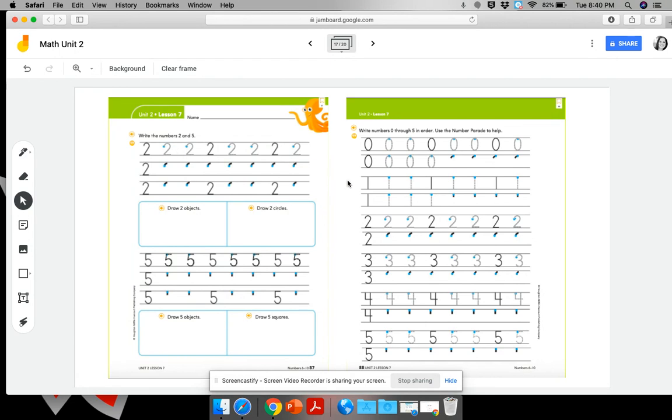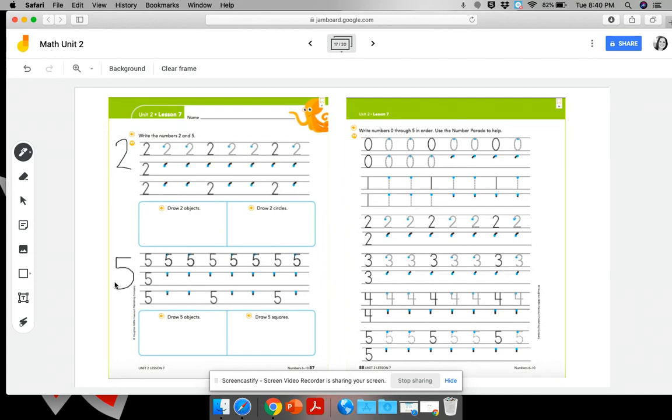Say 2. How can you tell a 2 from a 5? They both have a curve and a straight line, but 2 begins with a curve at the top, and 5 has a curve at the bottom.